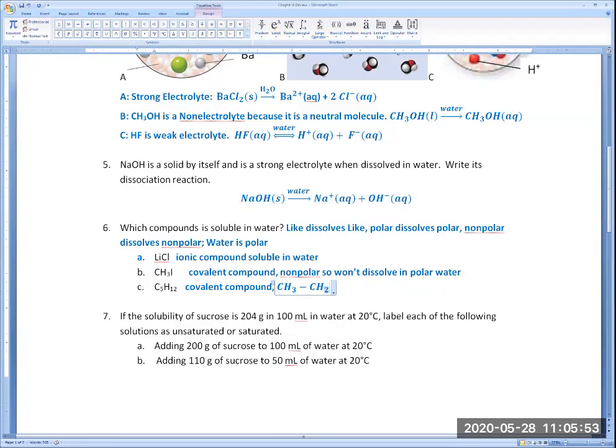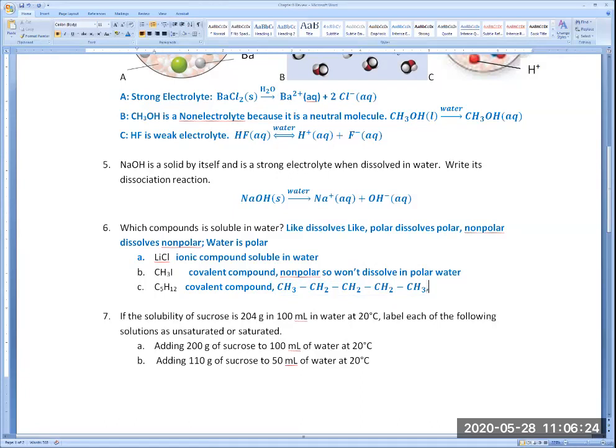So we have how many CH2s? 5, so let me write this here. So 2 more of the CH2. 1, 2, 3, 4, 5 carbons, and then 6 plus 6, 12 hydrogens, right? So that's the formula, or the breakdown of the molecule.